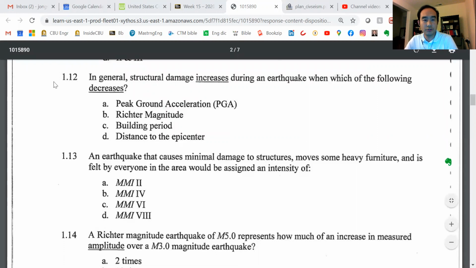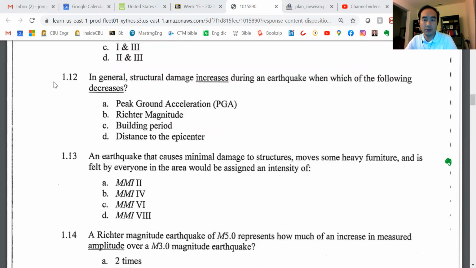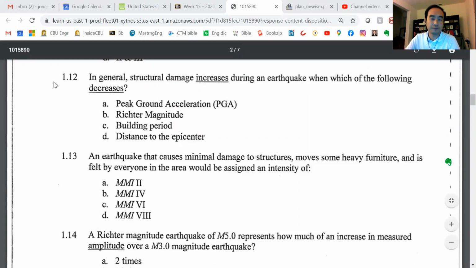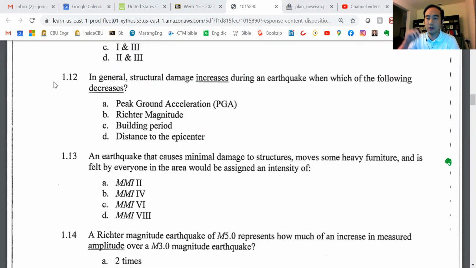1.12. In general, structural damage increases during an earthquake when which of the following decreases? So damage is going to increase when the following decreases. The peak ground acceleration is the maximum value of acceleration of the time history of the ground motion.